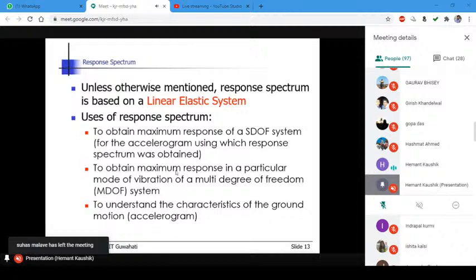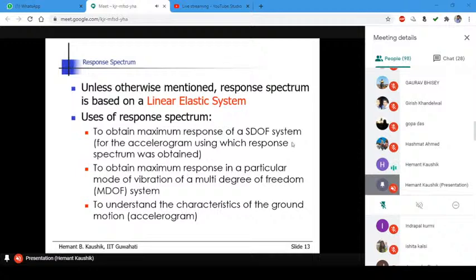Second is to obtain maximum response in a particular mode of vibration. Whenever we develop this response spectrum, we say single degree of freedom system. But in reality, there is no single degree of freedom system. The buildings, everything is actually a multi-degree of freedom system. So how do we use it? We use the response spectrum given in the code always to design.